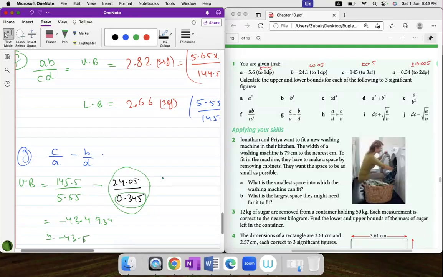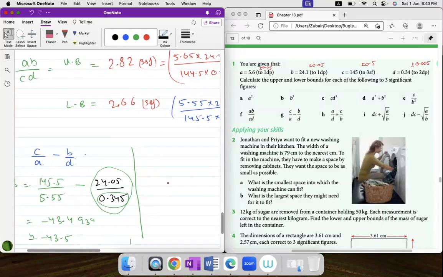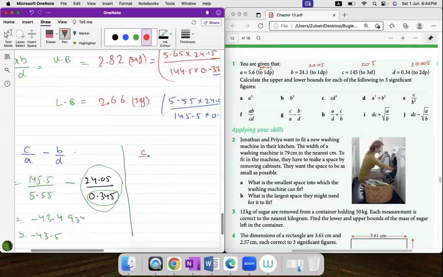And let's do the same for the other, without making the other adjustment. Yes. 5.45, 24.15 and 0.335.